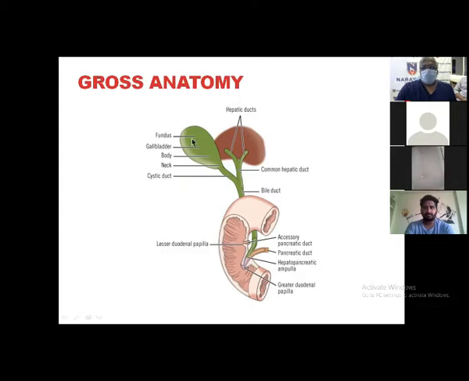The suprapancreatic portion of the CBD, the supraduodenal, retroduodenal, retropancreatic, forms a common channel with the pancreatic duct in more than 60% of cases, and opens into the second part of the duodenum on the medial wall, called the ampulla of Vater. And this is the opening with the accessory pancreatic duct of Santorini.